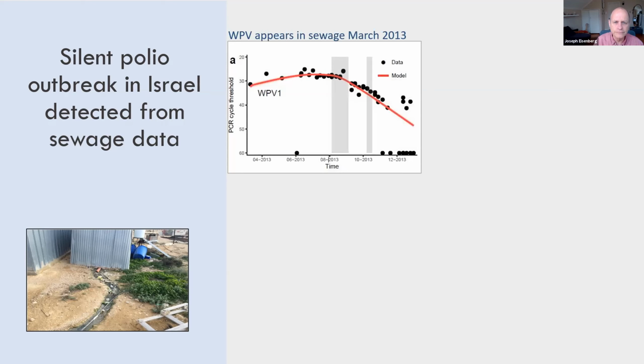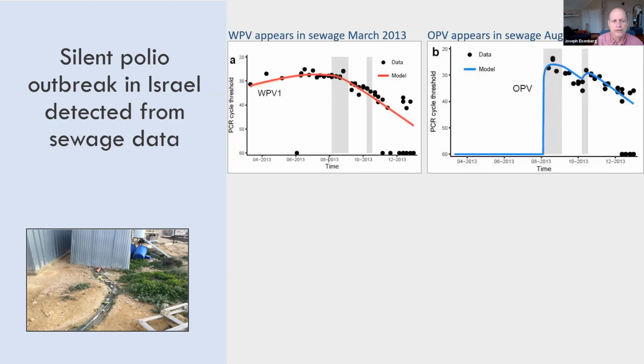And these are data that show the wild polio at high levels early in 2013. This gray bar shows when Israel implemented OPV, the oral polio vaccine, and then we see a drop in the sewage. This was a second campaign here, a drop in the sewage levels of wild polio.